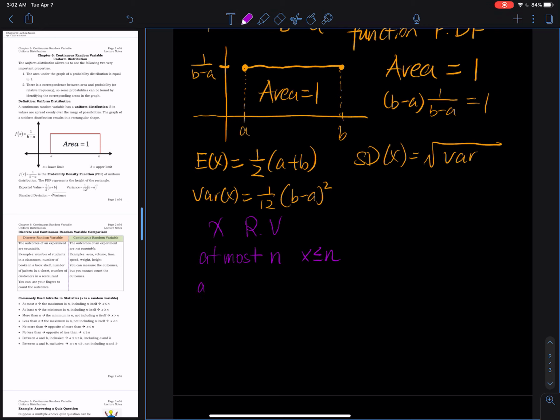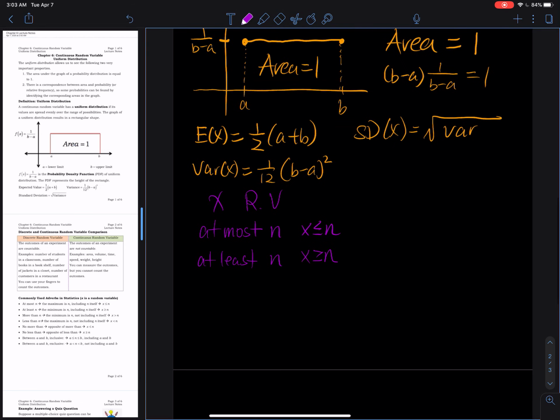The next one is at least n. At least means n or above. So that is x greater than or equal to n, including the n, right? Then we have more than and less than. That is straightforward: greater than n, less than n, not including n itself.